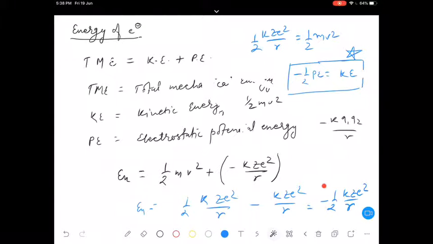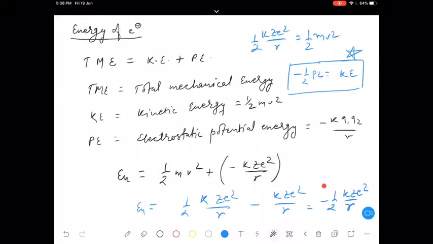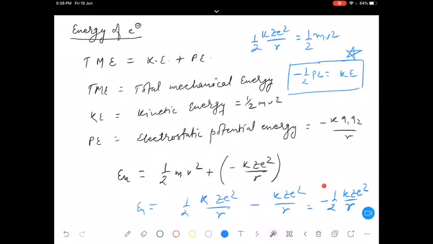Whenever we take an electron from infinity and bring it to any nth orbit in that atom, whether it is the first orbit or second orbit or third orbit, the total energy will always be a negative value, which means that electron will always be stable in comparison to its position at infinity. Means if you are bringing it from infinity to nth shell, it will always gain stability. That's what we are trying to say here.